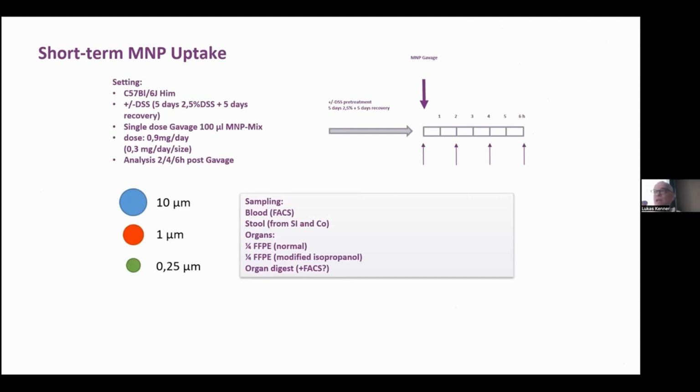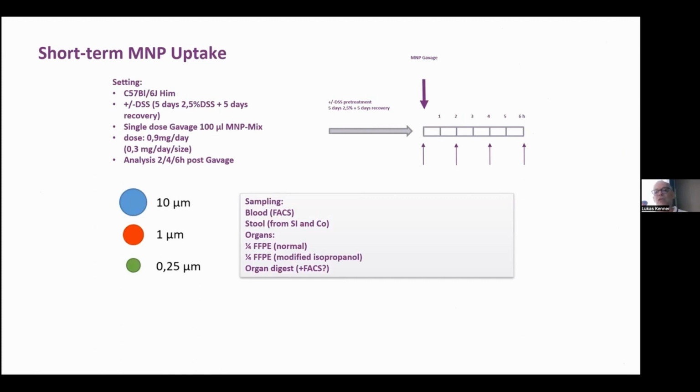When you start a project with mouse experiments, the first thing is you need to write the animal license, and this took some time. So we focused on the license we already had from a colleague of the Cancer Institute, and I'm very grateful for that. Otherwise, we would have lost at least half a year.